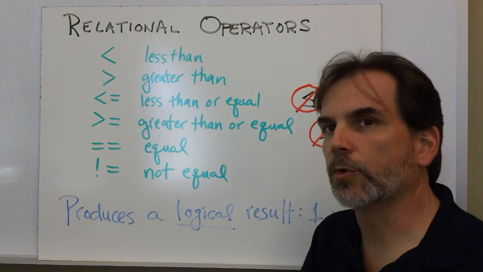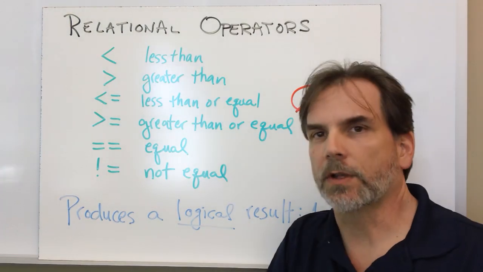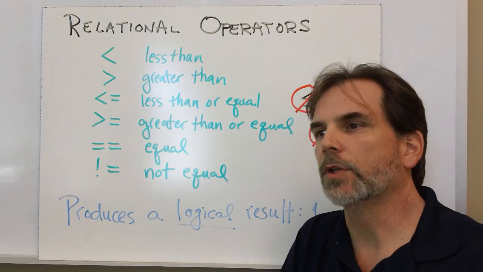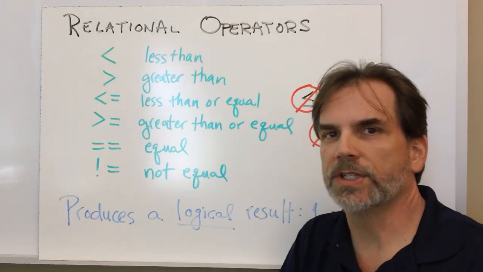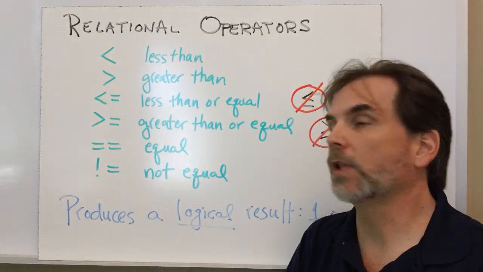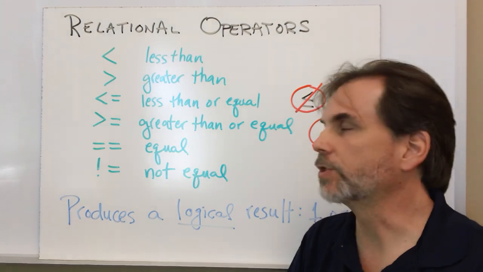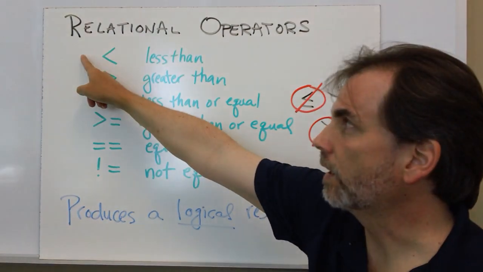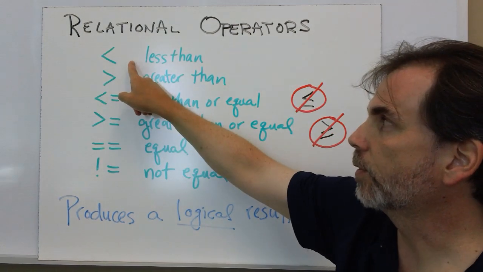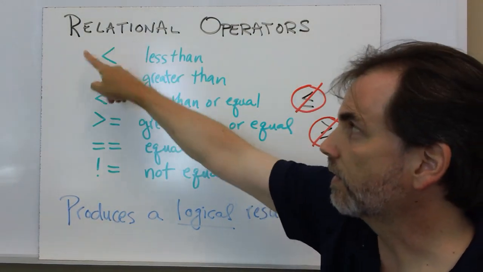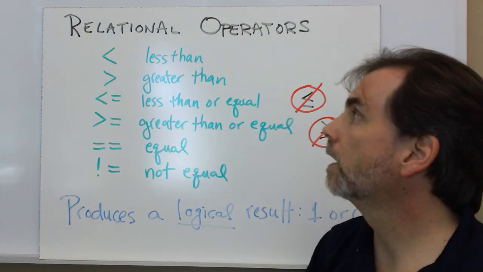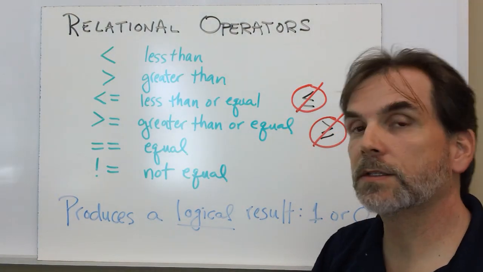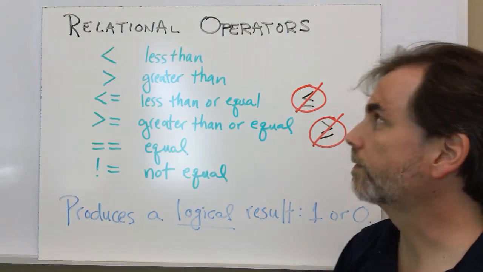And we also have this group of what's called relational operators that produce a logical 1 or 0 based on the numerical relationship between two values. So we have less than. So we have a number is less than another number. If that's true, the result of that expression would be 1, and otherwise the result would be 0, false.